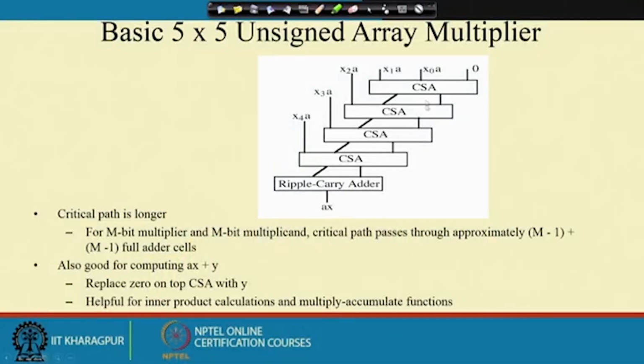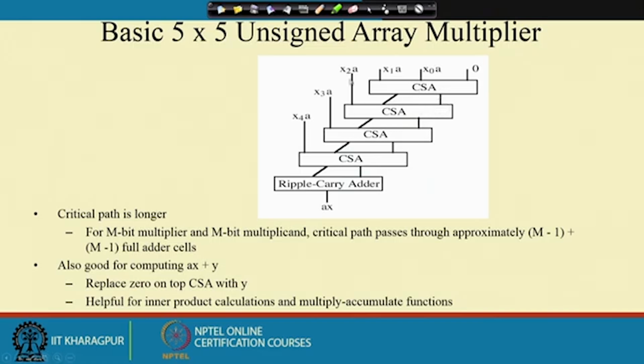Okay. So, this is the basic 5 cross 5 unsigned array multiplier. In the array multiplier, the corresponding terms are coming through the carry save adder, which produces sum and carry.